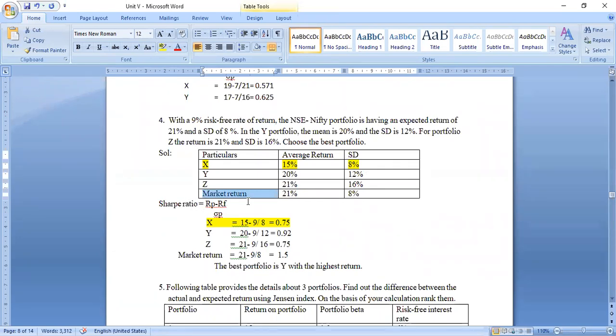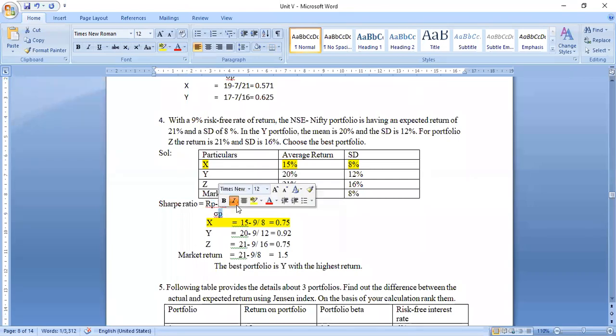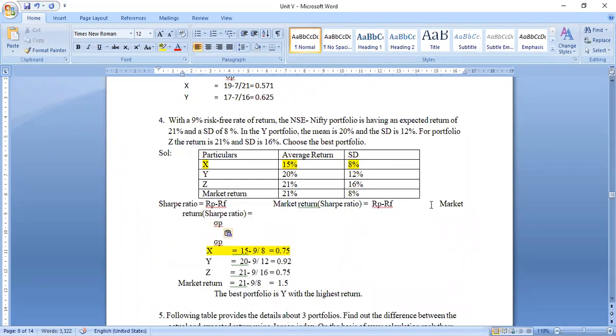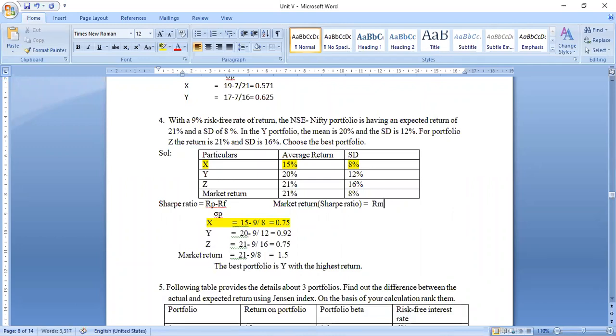When we calculate Sharpe subject to market return, it is going to be RM minus RF, divided by the standard deviation of M. This is going to be the market risk.